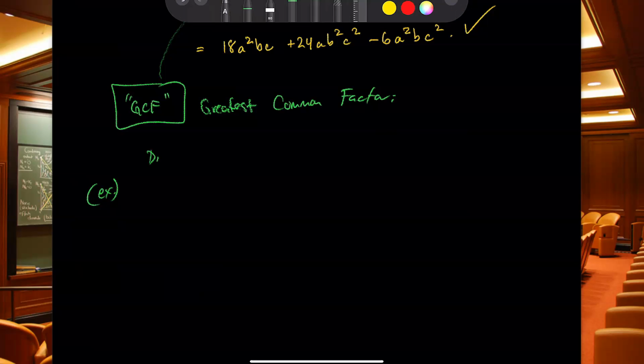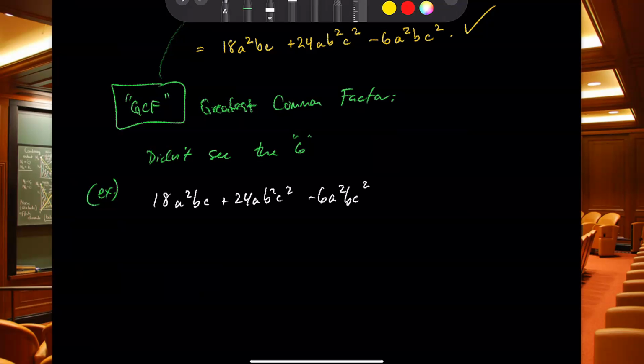Let's say you didn't see the 6 above. So let's start with the same thing we had. AB squared C squared minus 6A squared B squared.